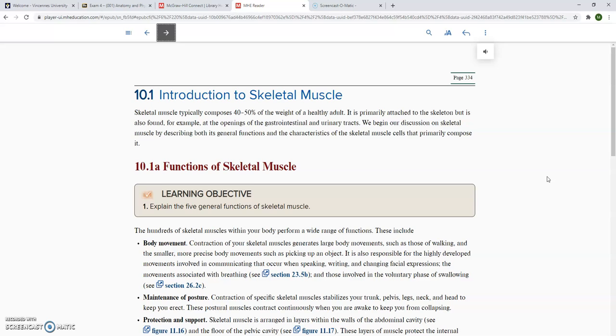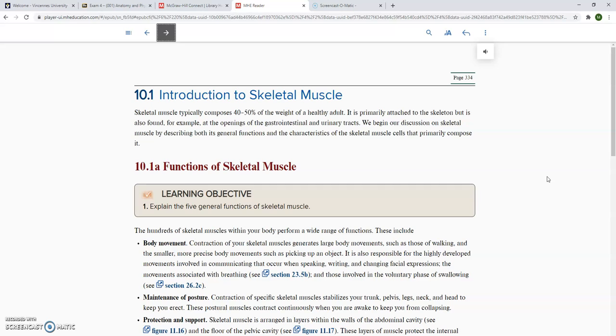But we're primarily going to focus on the skeletal muscle tissue areas of this chapter 10. The cardiac muscle and the smooth muscle, I usually talk about in more detail when we get to those certain chapters where we're talking about the cardiovascular system and the digestive system, blood vessels, urinary system, the ones that have smooth muscle associated with them.